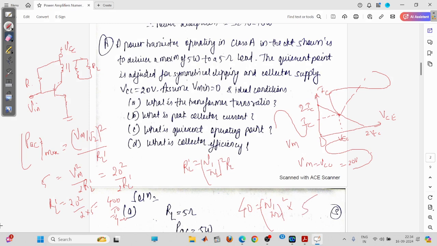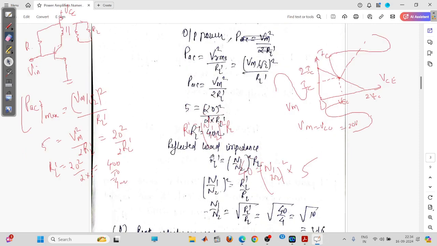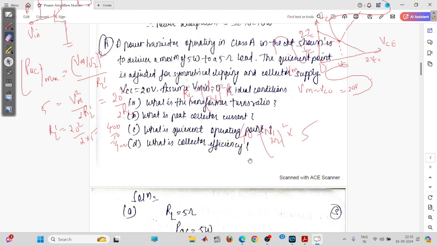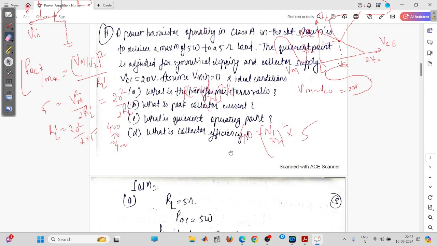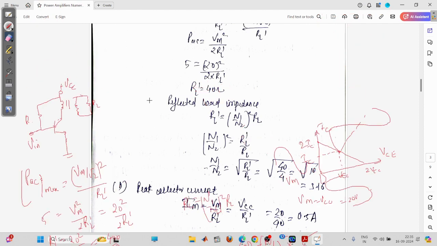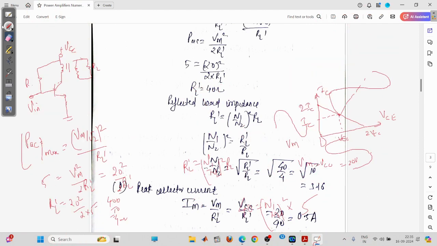And so you can easily calculate now the N1 upon N2. Somewhere I made a mistake. This is 40 upon 5. This is 5 ohms, sorry. So this one will be 8. So you can calculate this easily. Fine. Okay. So I think this one is over.